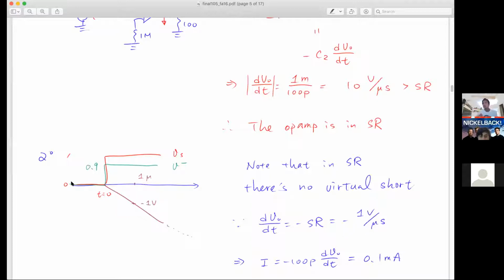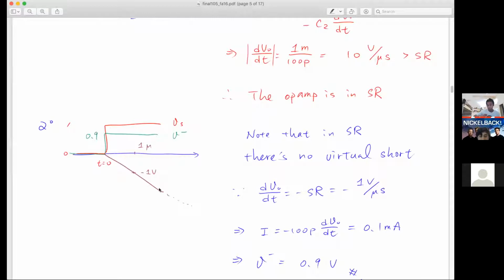So when the input applies a unit step from 0 to 1, the output, because the maximum voltage change is only 1 volt per microsecond, just linearly decreases and touches minus 1 volt at 1 microsecond. It is also worth noting that in slew rate there's no virtual short anymore, because right now your op-amp is non-ideal.